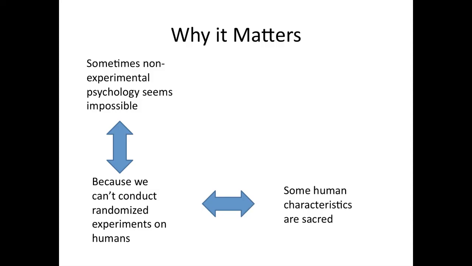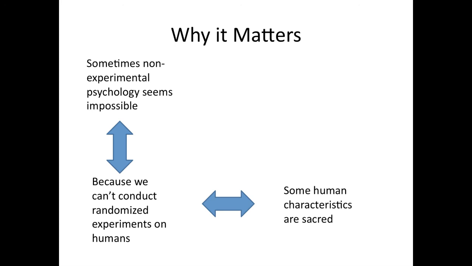And I want to close by asking just a sort of an odd question. Why can't we do that? Why can't we randomly assign children to alcoholic and non-alcoholic parents and see what happens? It works great in mice. Why not? Well, easy to say it's ethically impossible, but what does that mean? Well, the reason we can't is because there's an aspect of human behavior, and I say this as a scientist, that we regard as sacred. Right?